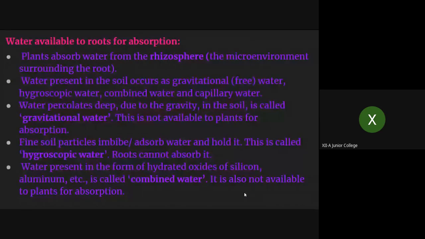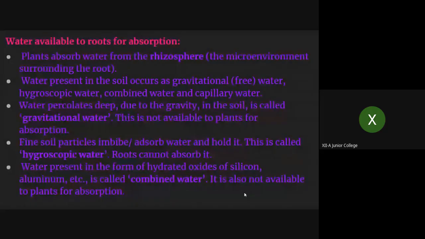Number 2, hygroscopic water. Number 3, combined water. And the last, capillary. So these 4 types of water are present in the soil. But we need to learn and remember which type of water is available to the plants. Now we'll talk one by one.